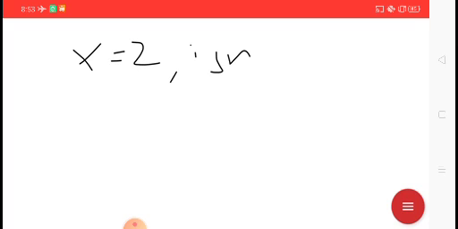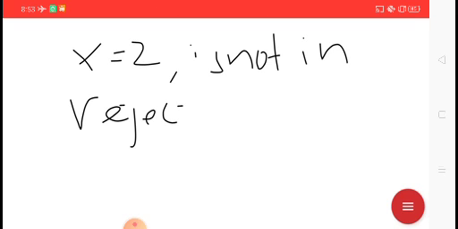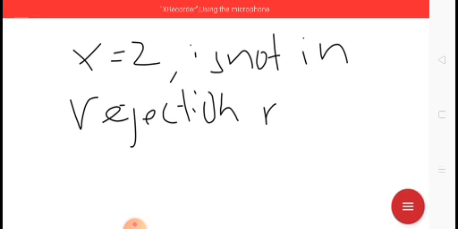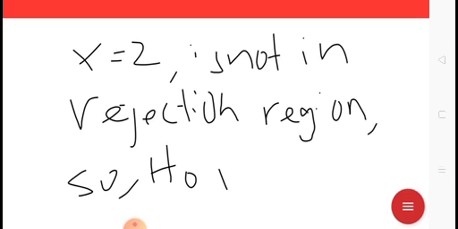So I can say X equal to 2 is not in the critical region, or you can say not in the rejection region. They are the same, right? So if not in the critical region means H naught is not rejected, right?